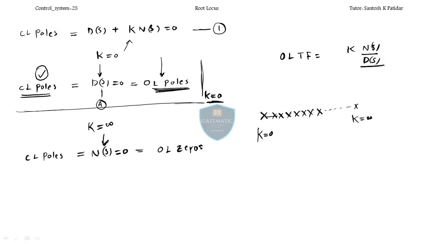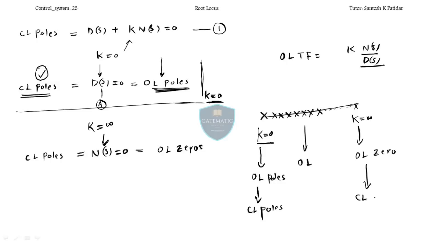So this is the path of your open loop parameters. What I mean is, at k equal to 0, this is nothing but the open loop poles, which is equal to the closed loop poles. Similarly over here, this is the open loop zeros, and which is equal to closed loop poles.